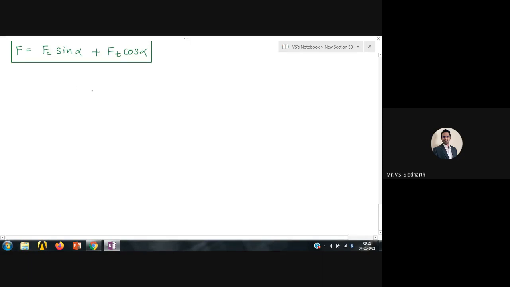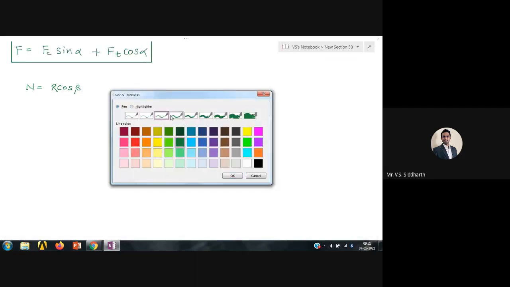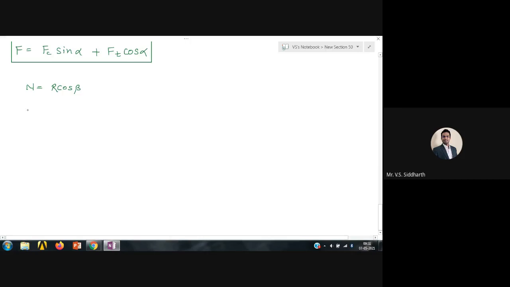It will just enhance your practice. So N equals to R cos beta. So I can write it like N equals to R cos alpha plus beta minus alpha. It doesn't make any difference.